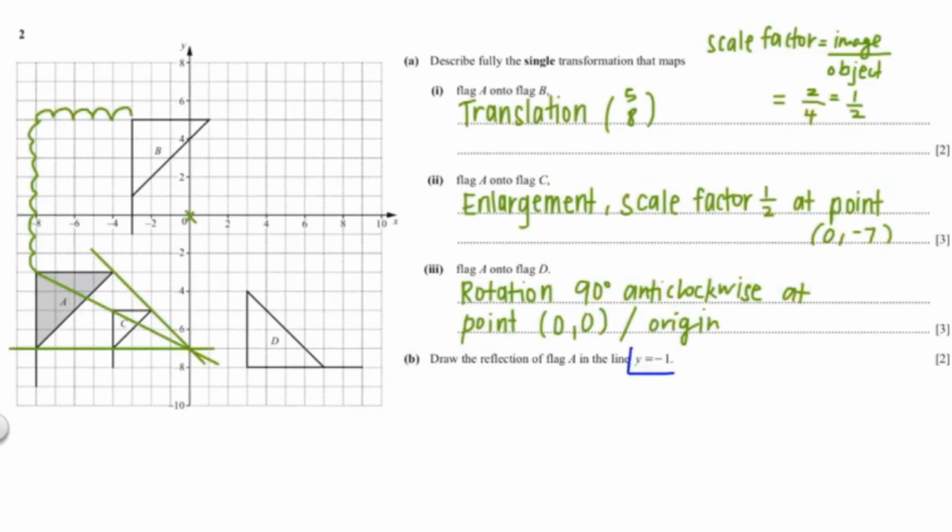For our last question, they're asking us to reflect the flag A onto the line y equals -1. So first of all, we're going to draw the line y equals -1. And that would be here. So I'm going to draw the line and label it.